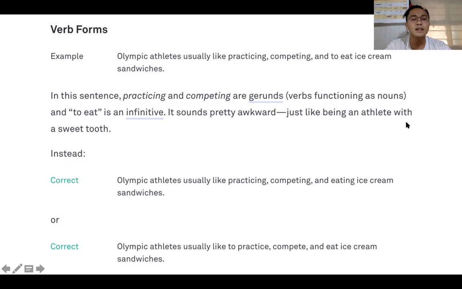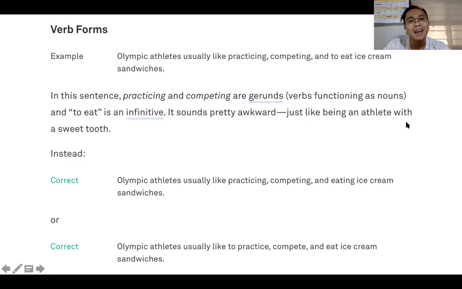Pero when parallelism principle is applied, hindi siya pwede kasi tingnan natin na notice the first two gerunds na ginamit in this sentence. Nakalagay practicing, competing, and yung sumunod, it is an infinitive na to eat ice cream. So yung to eat ice cream is different from naunang mga verbs, gerunds na practicing and competing.